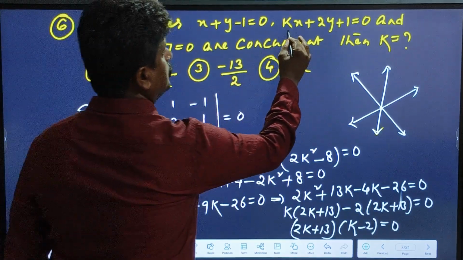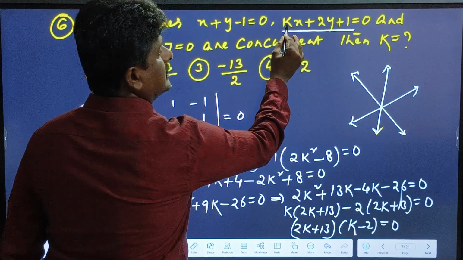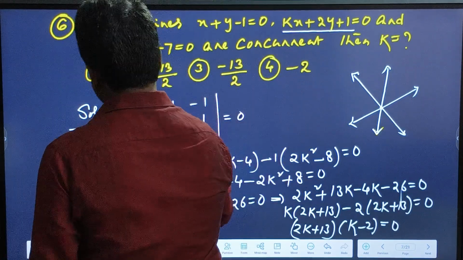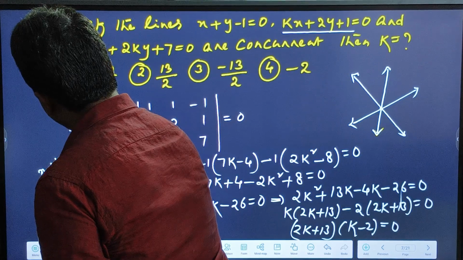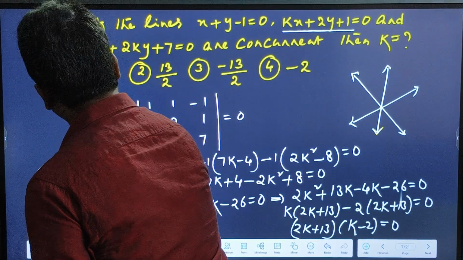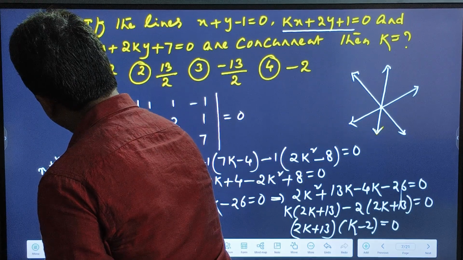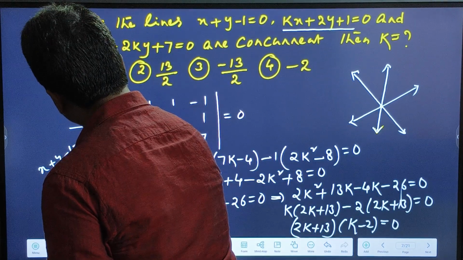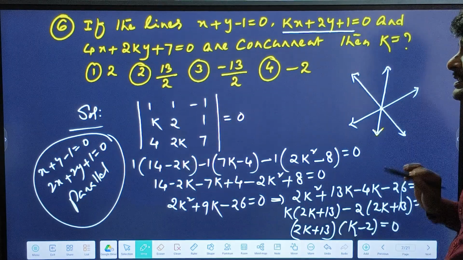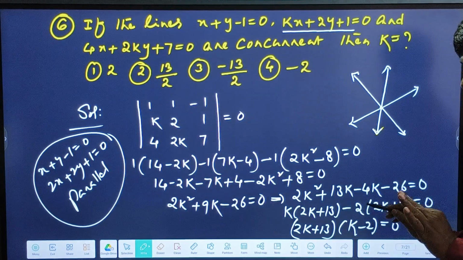If k equals 2, this represents x plus y minus 1 equals 0 and 2x plus 2y plus 1 equals 0. These are parallel lines if k equals 2. But concurrent lines means no two lines are parallel.